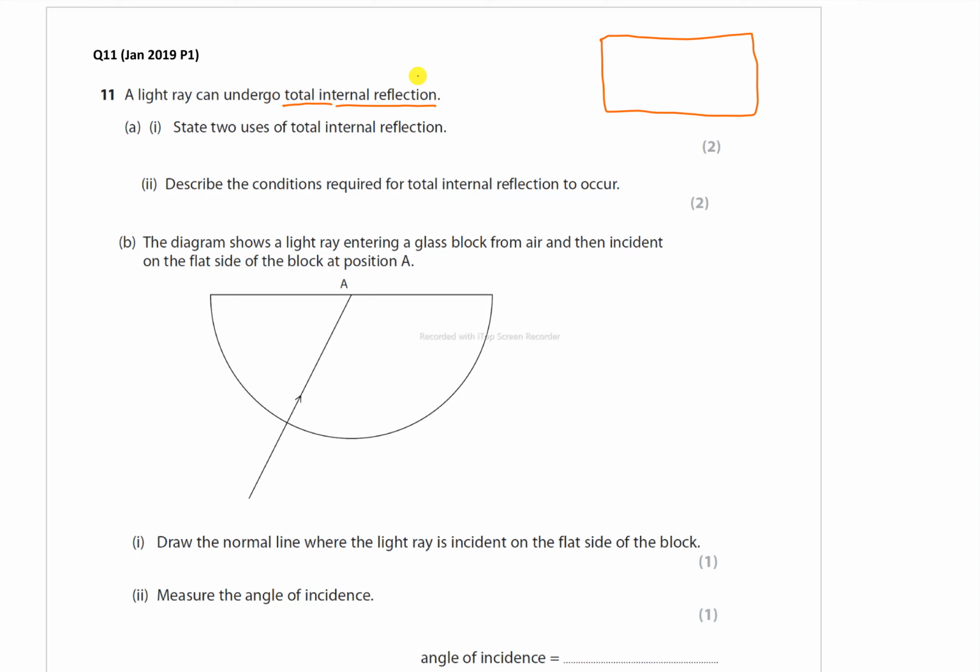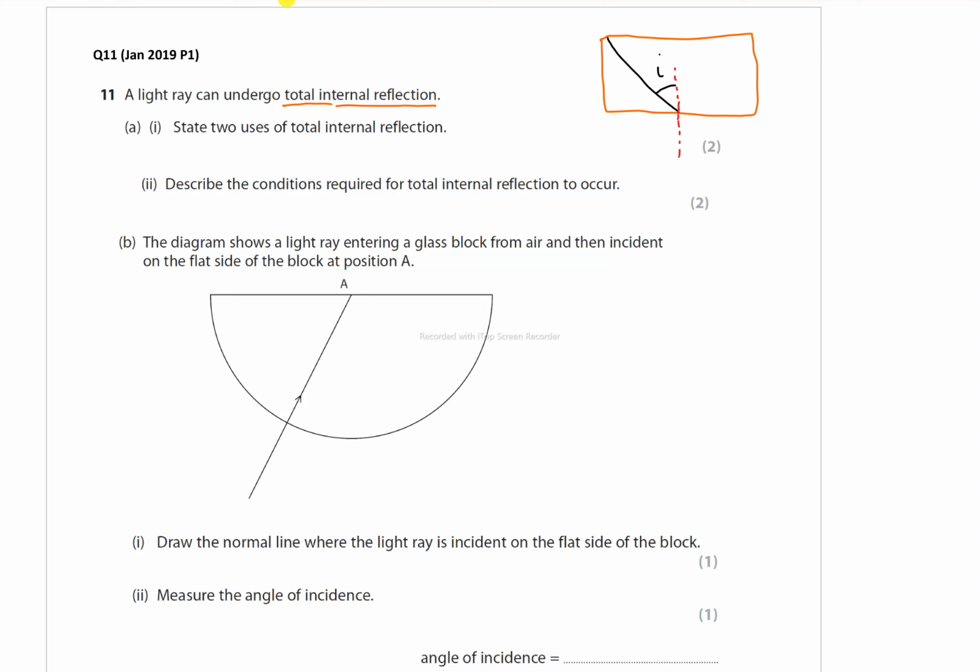What happens is, a light ray comes in, where it hits that, that's the normal, and this is the angle of incidence, and if this angle is greater than the critical angle.